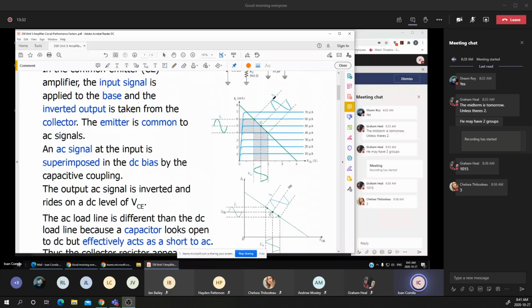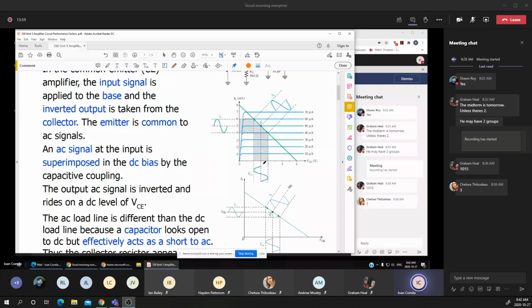You notice that once we are applying a change in the input signal, or a change in the base current, it will reflect this current on the output as a change in the IC. You notice that the collector current is in phase with the base current.